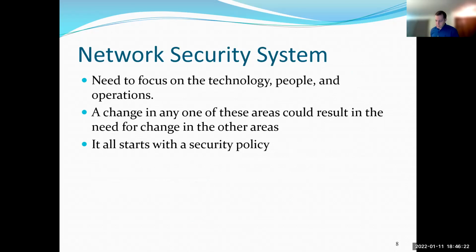So network security is a system, so you need to focus on the technology, people, and operations, because a change in any one of these areas could result in the need for change in other areas. And it all starts with a security policy. Okay, so if you remember in 350, we talked about the risk and control matrix, right?